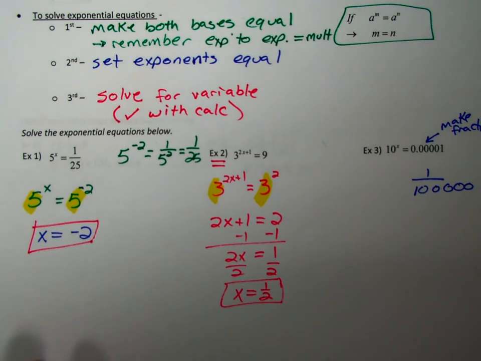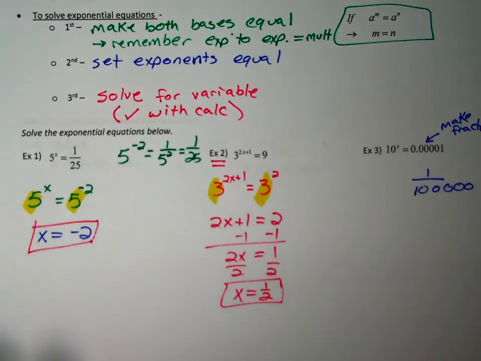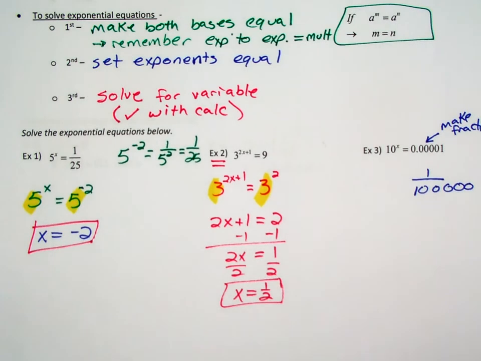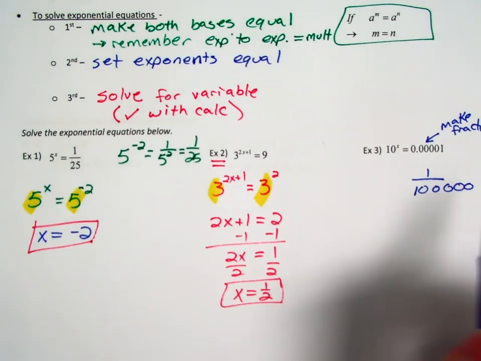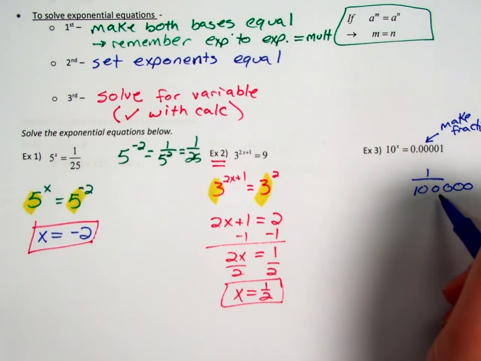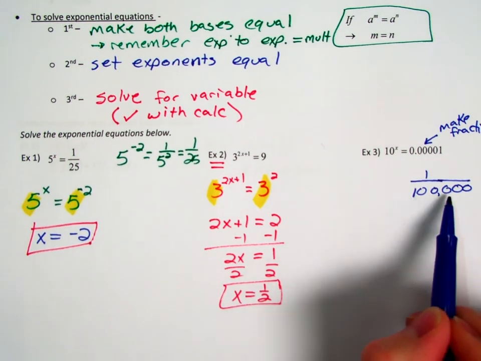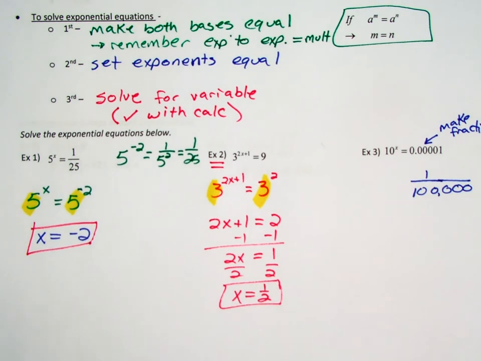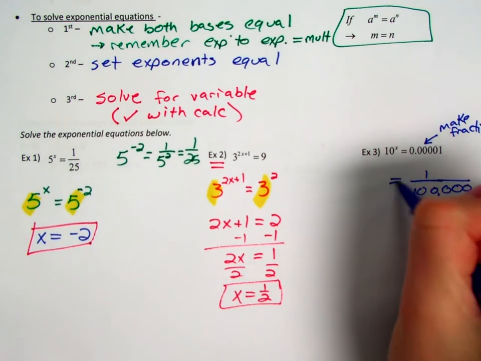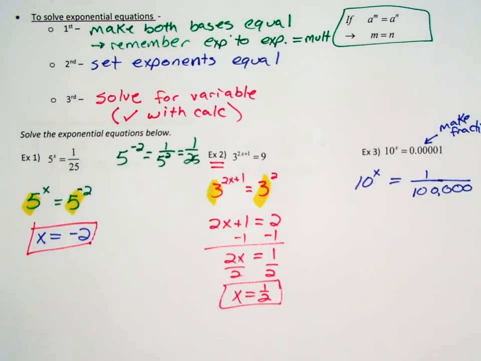So it's 1 over 10,000. Okay, so 1 over 10, not 10,000, 1 over 100,000, sorry, I misspoke there because there were 1, 2, 3, 4, 5 here, equals 10 to the x power.